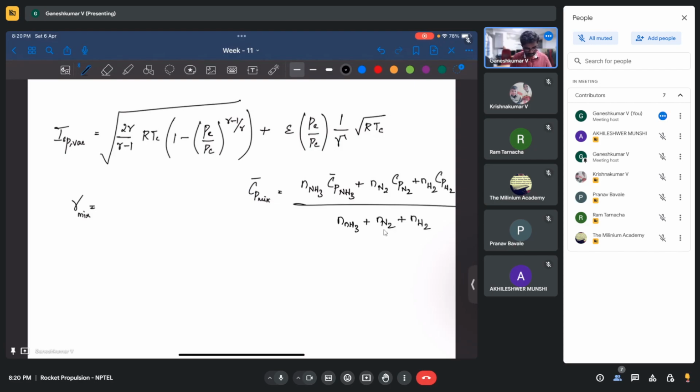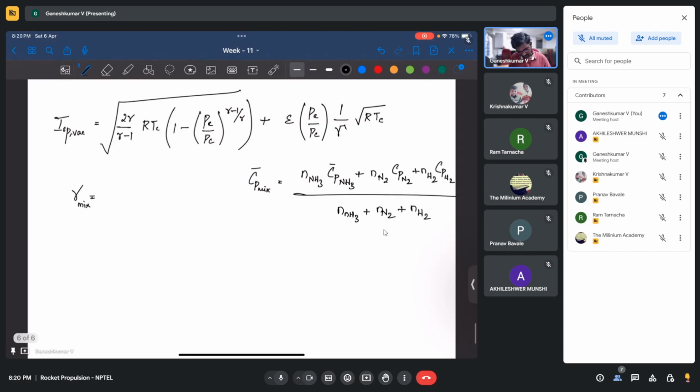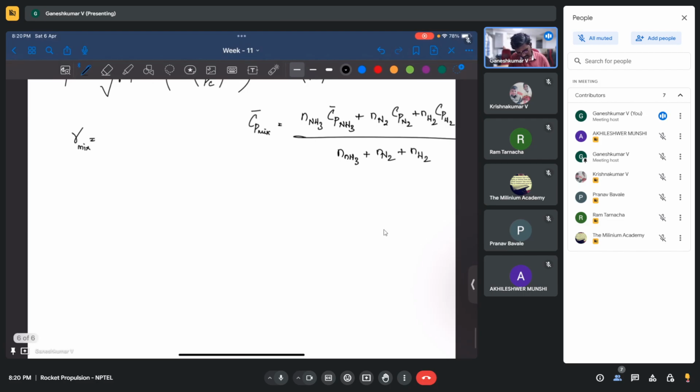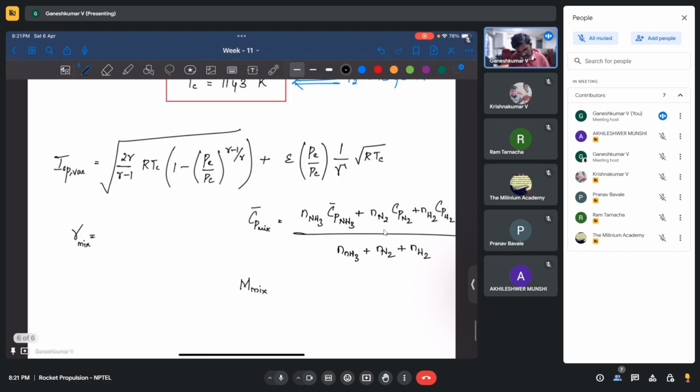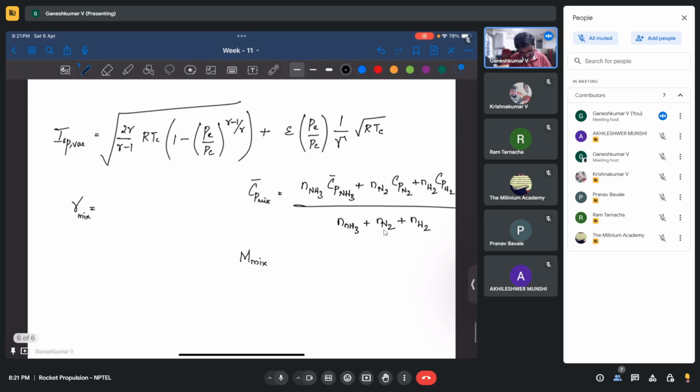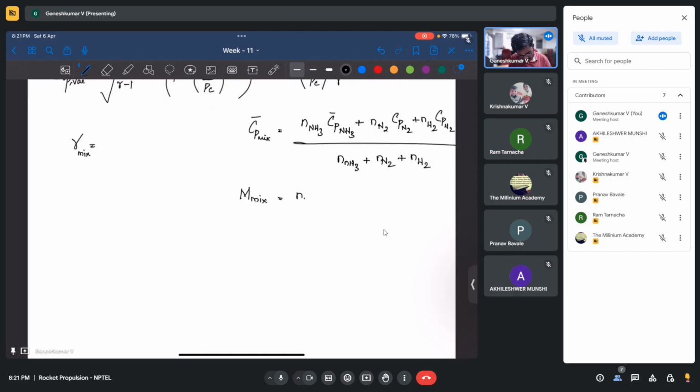Okay, so this will give Cp of mixture. You can find molecular weight of the mixture. I think that is also required to find R. So you can find molecular weight of mixture, which is also going to be n NH3 times molecular weight of NH3, and so on. I'm just writing for the sake of completeness. Can you guys quickly calculate and tell me molecular weight of mixture and Cp of mixture?